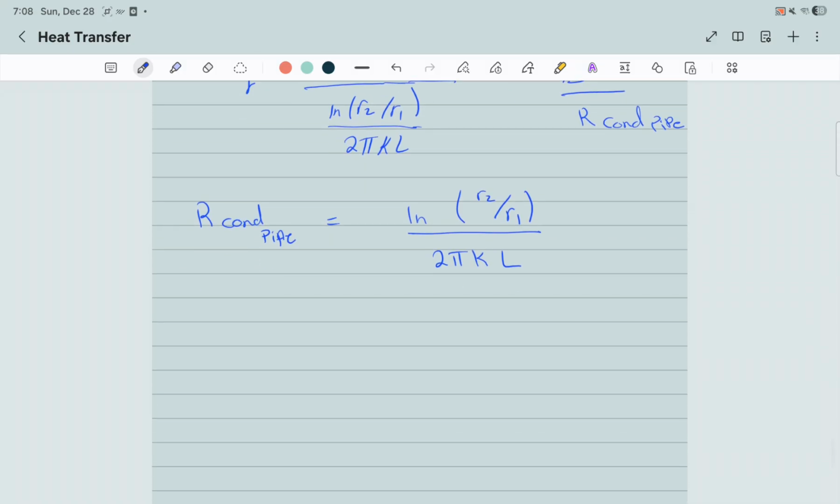If we want to draw the thermal circuit for that, it will look something like this. Heat transfers from the higher temperature to the lower temperature, and some heat is lost to the resistance, which is the conduction of a cylindrical pipe that we found over here.